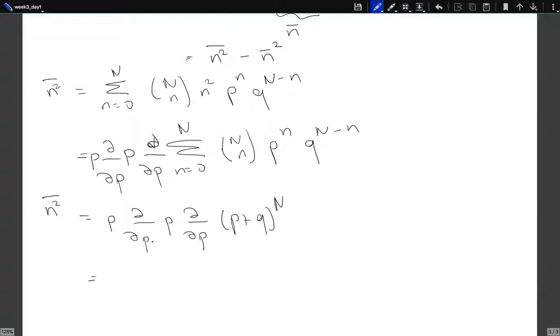Now let me take those derivatives. Let me first take this derivative. Keep in mind that the derivative is acting on everything on the right. So I take the derivative of this factor p first, so that becomes the second derivative with respect to p of p plus q to the power n.